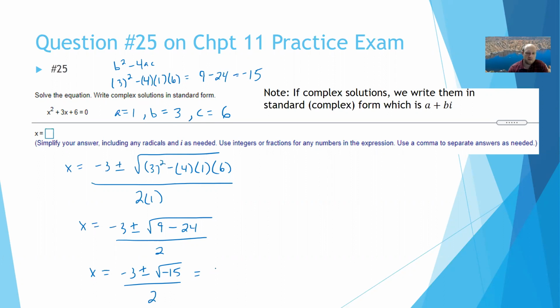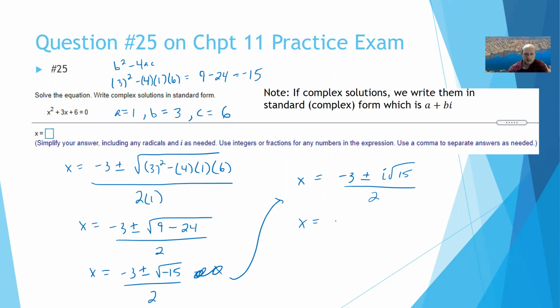So we have x equals negative 3 plus or minus, what's the square root of negative 15? Well, that would be i square root of 15, all over 2. That's going back to chapter 10, where you take out the i, which is the square root of negative 1, and leave the 15 on the inside.